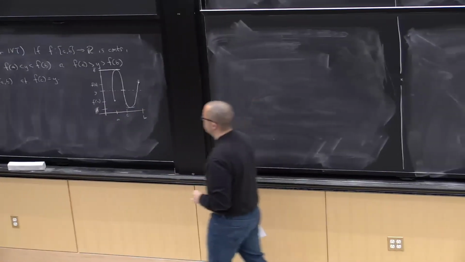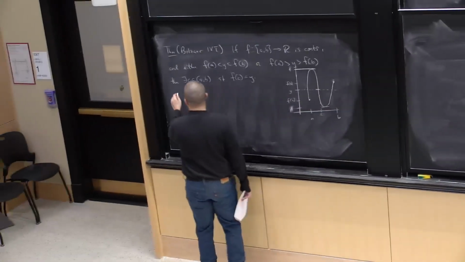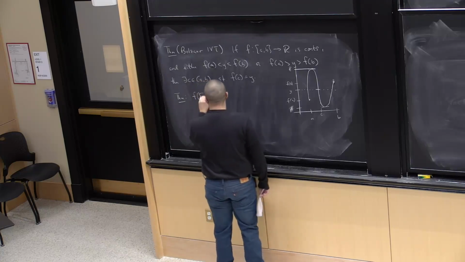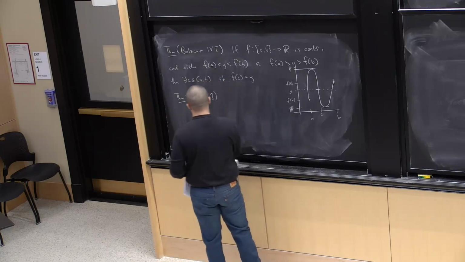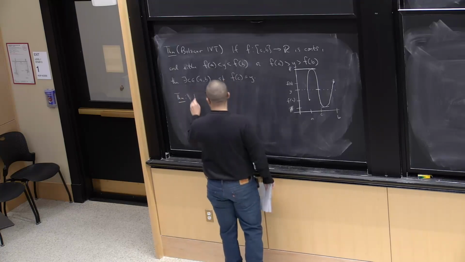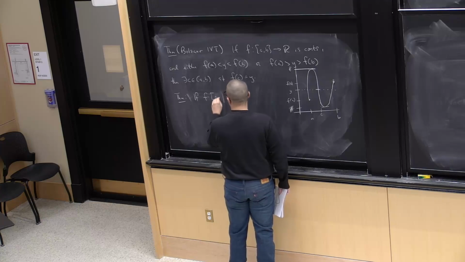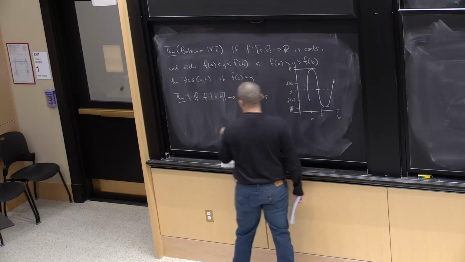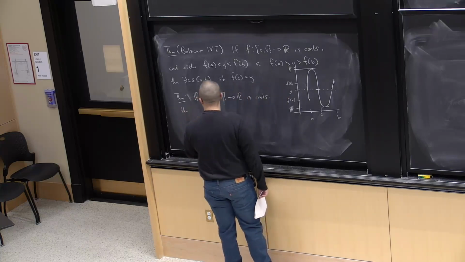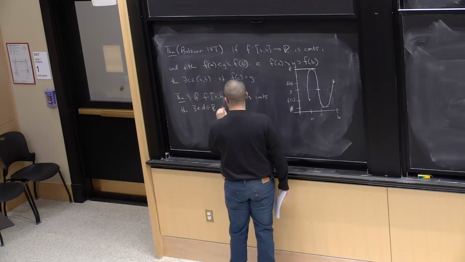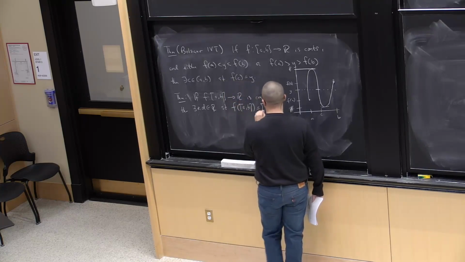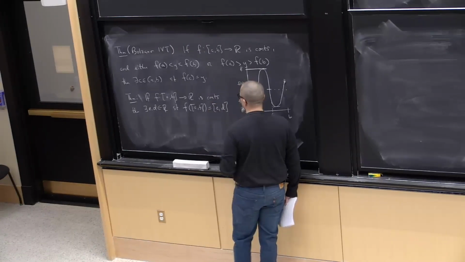So this is what we proved last time: if f is continuous, then there exists E, D, and R such that the range of this closed and bounded interval is again a closed and bounded interval.